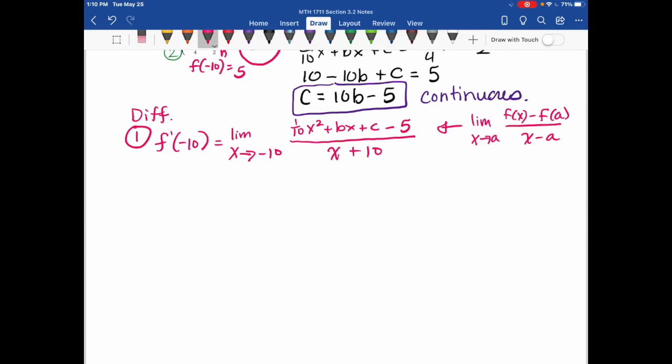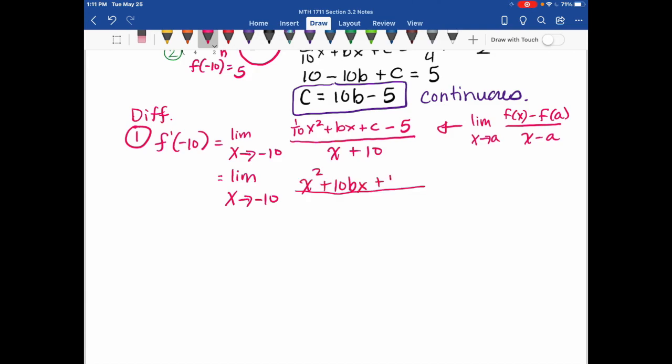Okay, now I can't use direct substitution here. And I also want to get rid of that complex fraction, the fraction within the fraction. We have a 1/10 up there. So I'm going to multiply both the top and the bottom by 10. So I have the limit as x approaches negative 10.